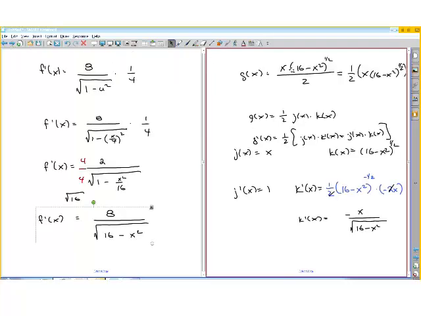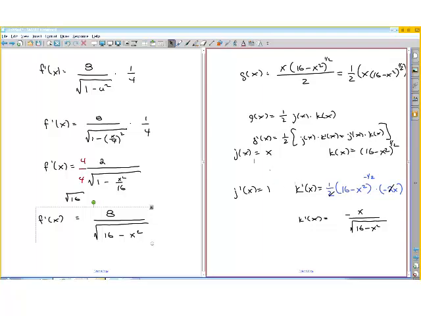Now we take the derivative of the second part, which involves using the product rule, because we have this times that. This is just a constant, so I brought that outside. We changed the square root into the fractional exponent. So the product rule says you take the original function, break it up into 2 parts. This was j of x, this was k of x. J of x, k of x.